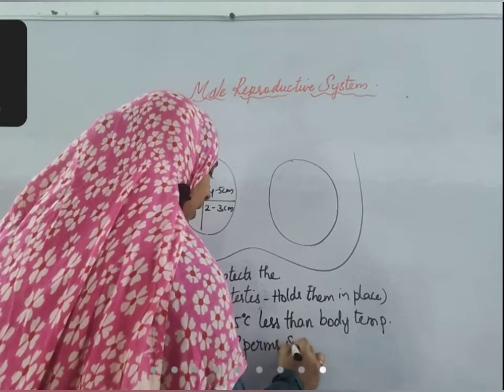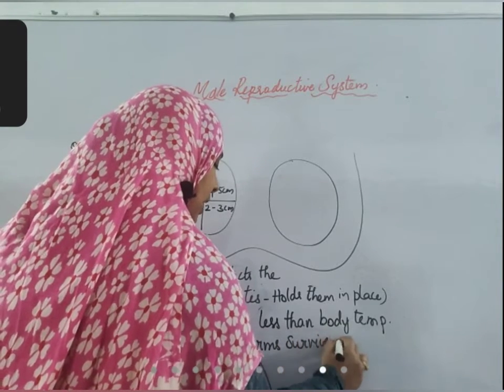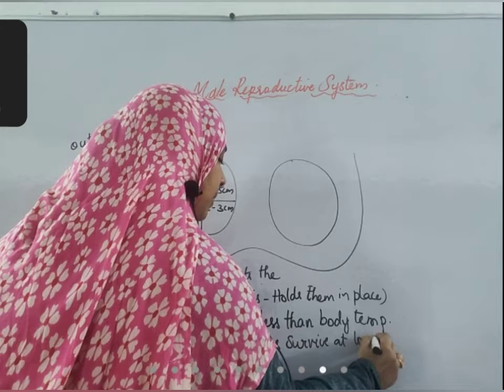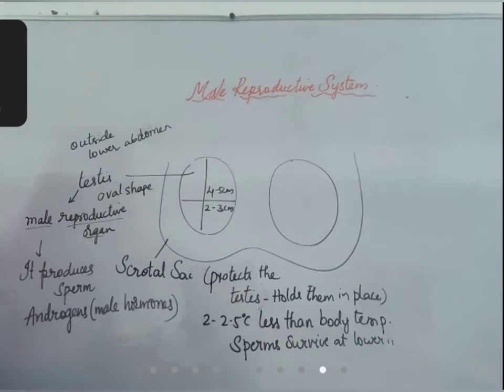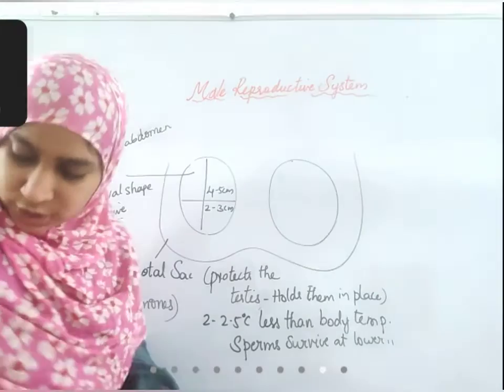Sperms survive at lower temperature. If the temperature is very high, sperms will not be able to survive. Gametes will not be able to survive. So, the body requires a little less temperature. After that, let us understand the internal structure.